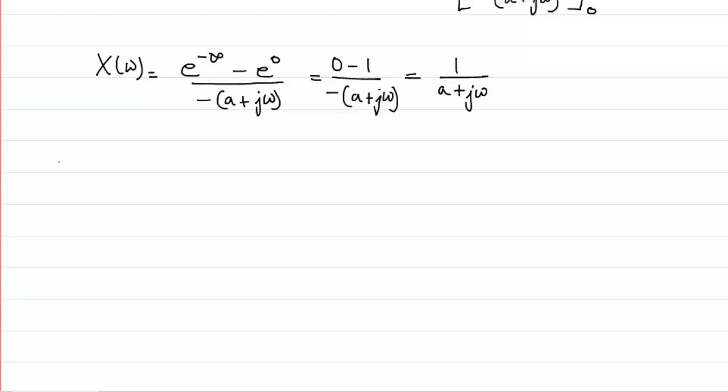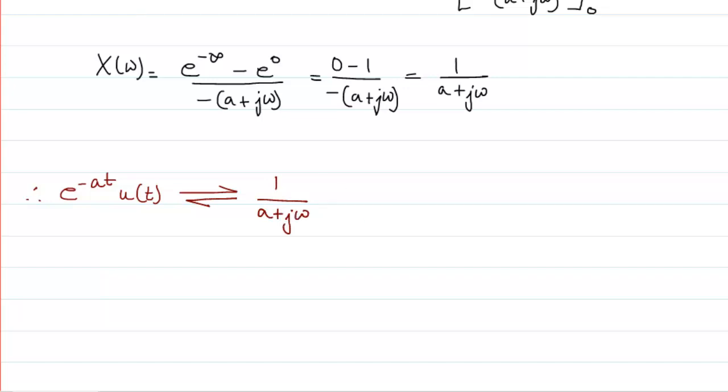Therefore, e raised to power minus a t u of t can have a Fourier transform as 1 by a plus j omega.